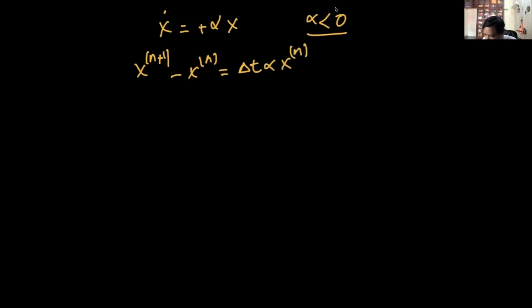So this gives us x_{n+1} is (1 plus alpha delta t) x_n.